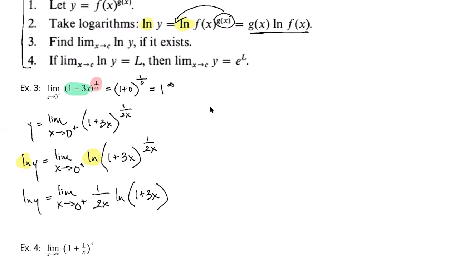The other way we could write this is natural log of 1 plus 3x over 2x. And check out what happens when I plug in 0. On the top, I'm going to get 0, and on the bottom, I'm going to get 0. So essentially, this strategy is just different algebraic steps to get a function into a form where we can use L'Hopital. Okay?